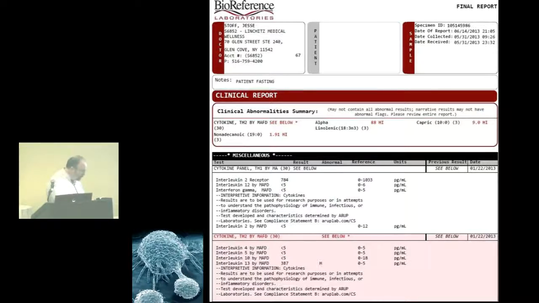So if the Th2 cells are missing the feedback inhibition, what's going to happen? They're going to start revving up higher and higher. And as they rev up, the cytokines that are related to Th2 cells go to the moon. So when the Th2 cells become very, very active, these things start going up. Then it throws the whole immune system out of balance, and you wind up with a Th2 dominant immune system.